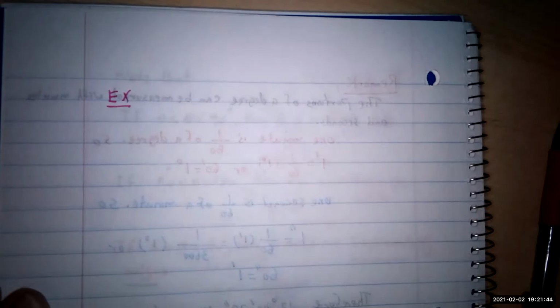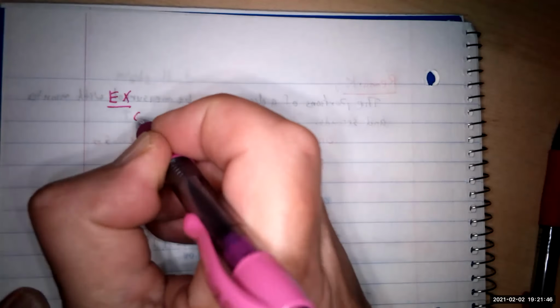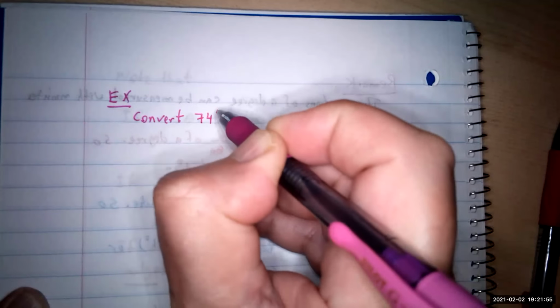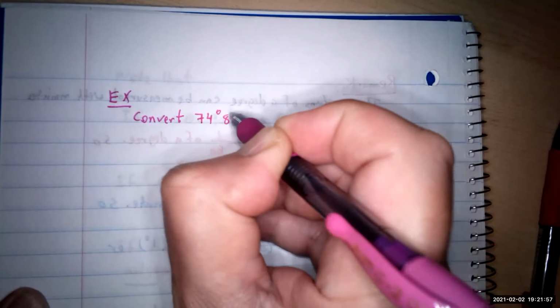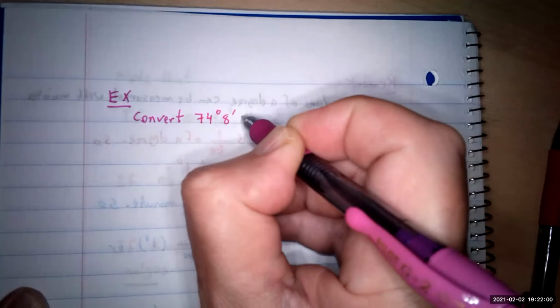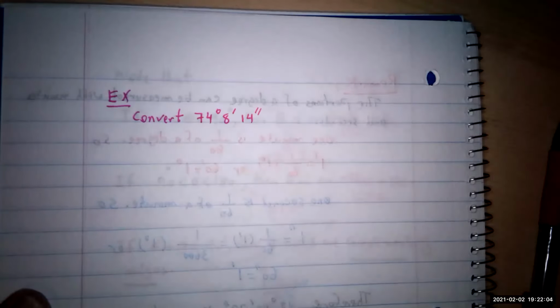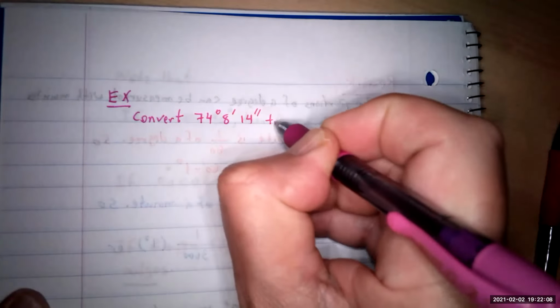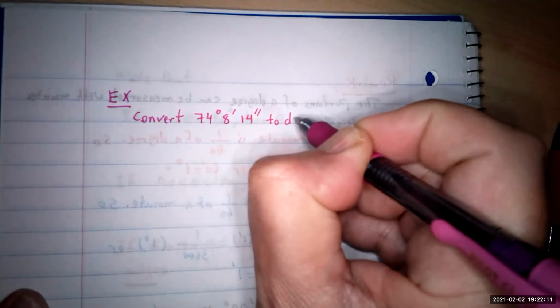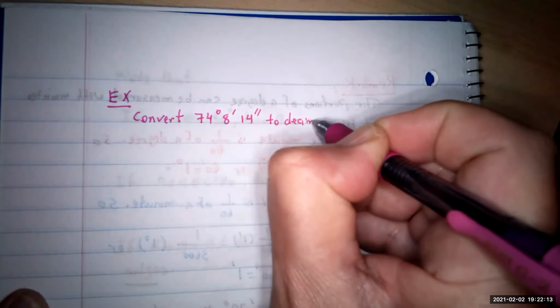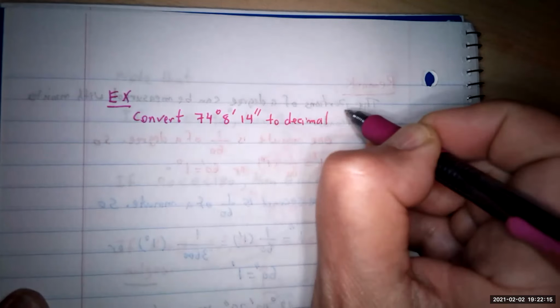The other way around is we want to convert this one. Let's say we are converting 74 degrees, 8 minutes, and 14 seconds. We want to convert it to decimal degrees.